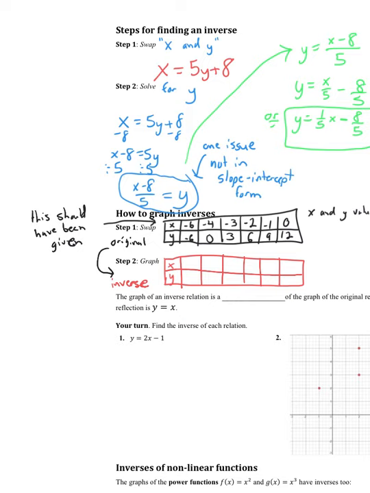So there's the original and the inverse. So take a second to do that.